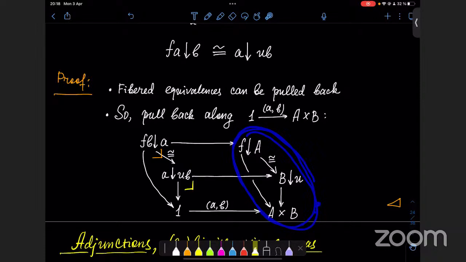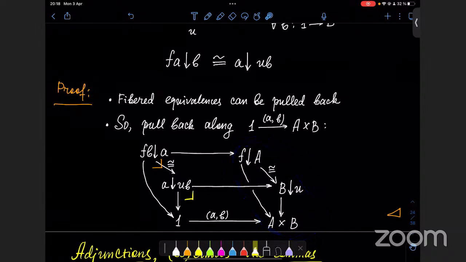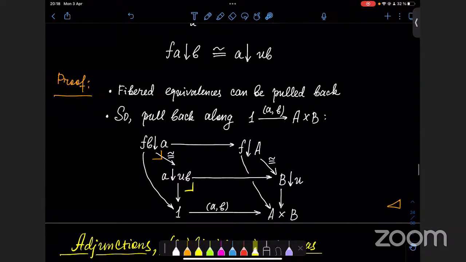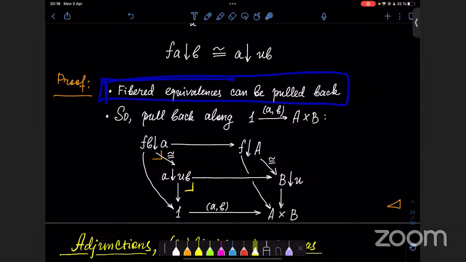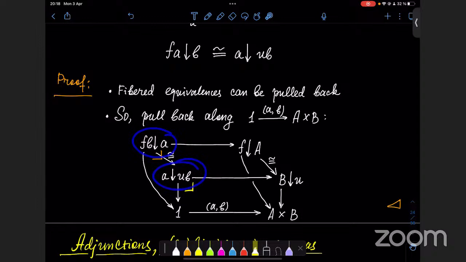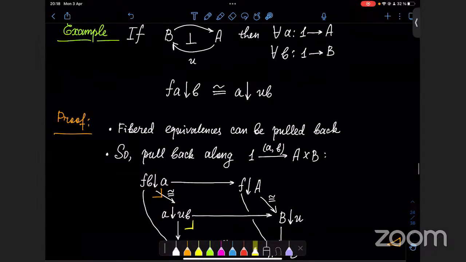This isomorphism encodes the fact that we have an adjunction, and this diagram is also a pullback. This pullback will be FB over A, but from this property we have that these guys are isomorphic.